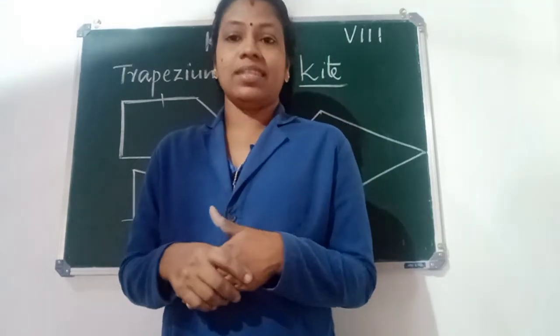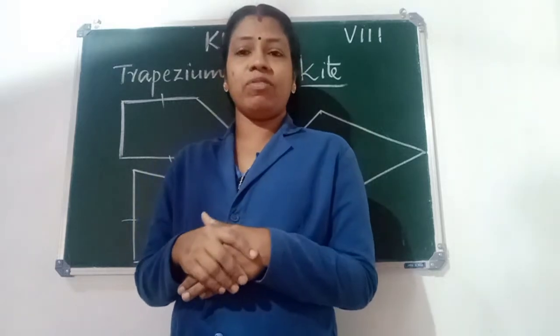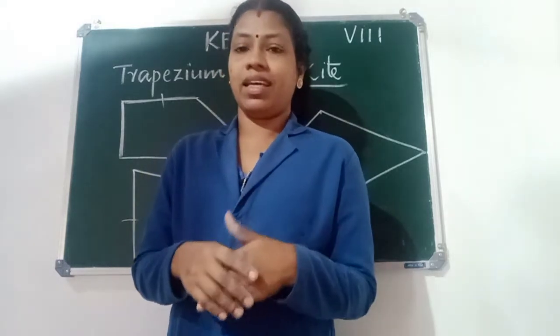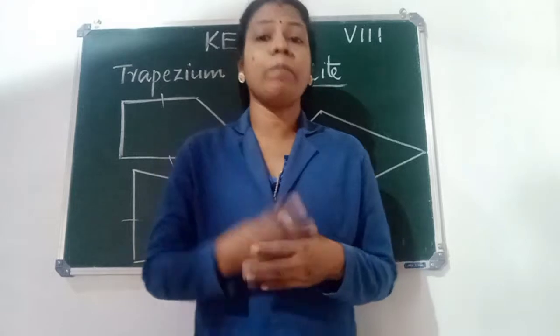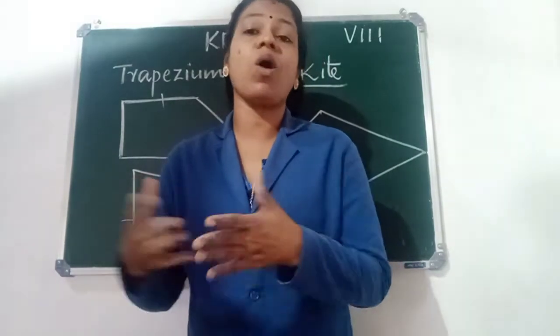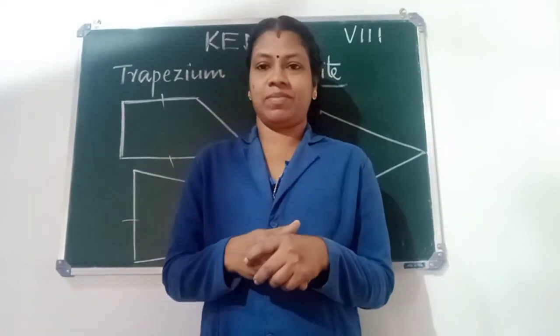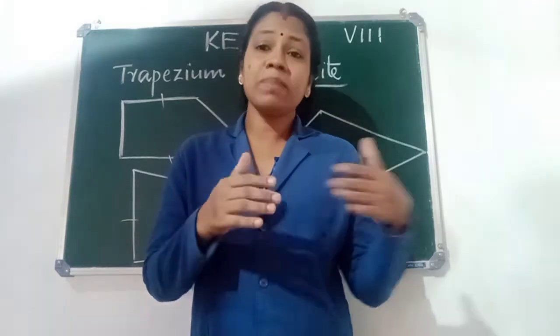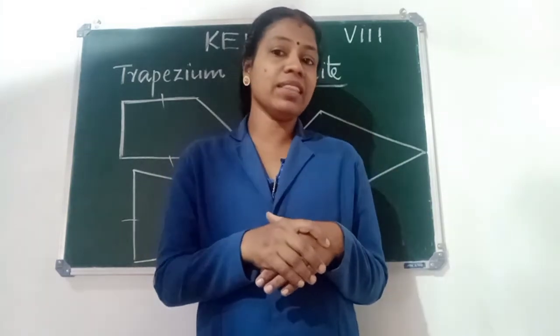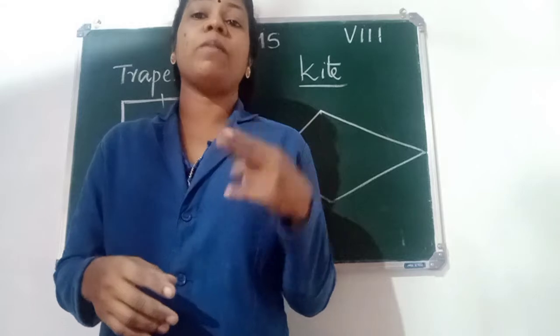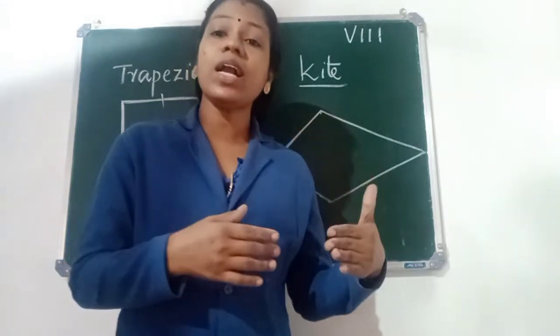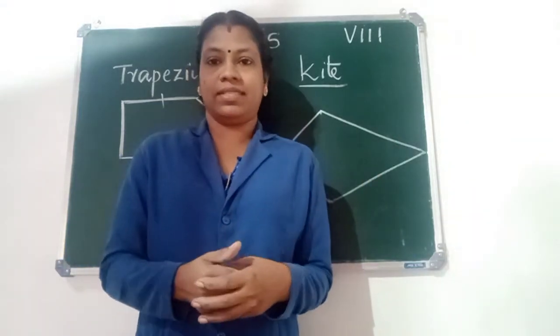A kite is a special type of quadrilateral with exactly two pairs of equal consecutive sides.